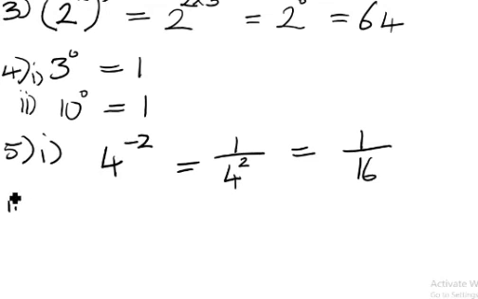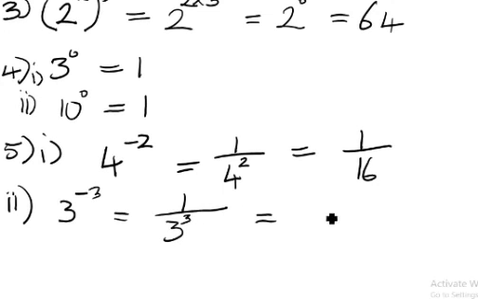And then the other one for number 5, let's take for example 3 raised to power minus 3. This will give me 1 over 3 raised to power 3, cube. So this is 1 over 27.